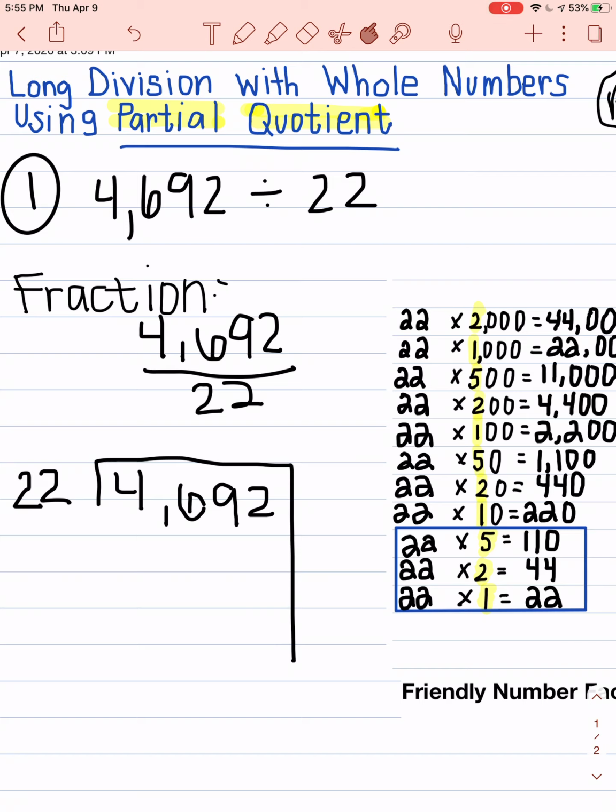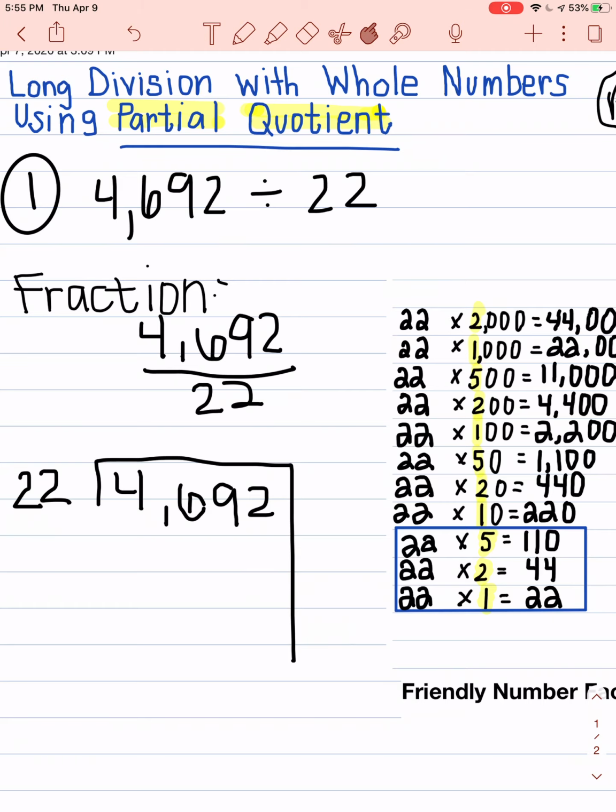And I'm going to be using my friendly number facts, and that's why I have it right here on the right side. So I'm solving it on the left side, and then I have my friendly number facts right here. So partial quotient, remember that it is grouping by subtracting. So I'm going to start from my biggest value on the top of my friendly number facts. If I'm able, I'm going to ask myself every single time, am I able to subtract my friendly number facts, my product, from what I have in my dividend?